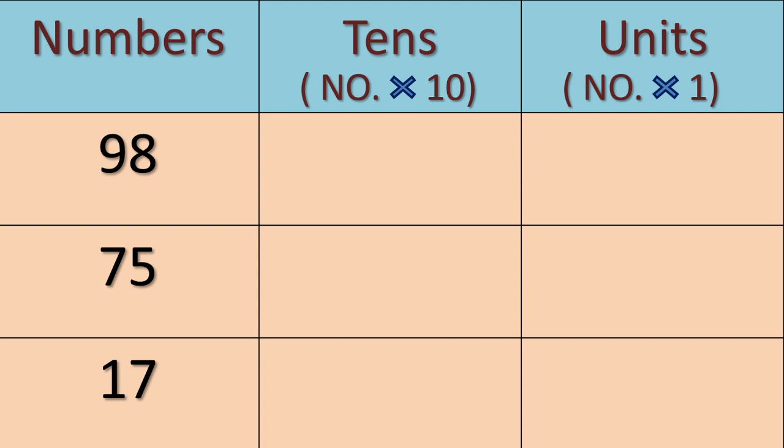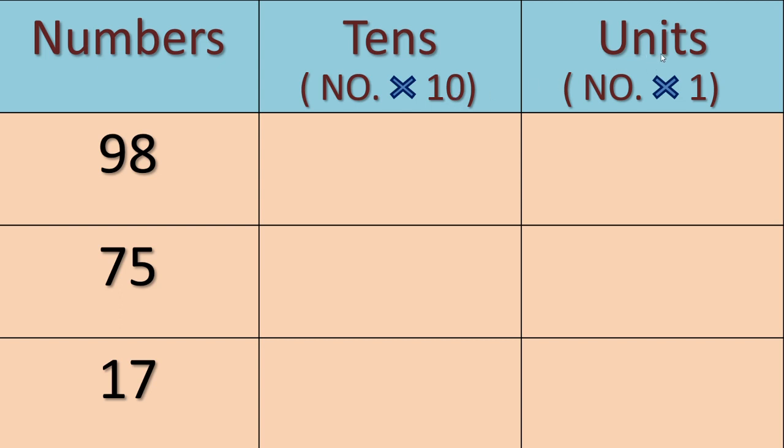Yes, dear children, here one table you can see. In the first column it is numbers. They are given 98, 75 and 70. Correct? Now, second column is tens column. Here it is written number multiplied by 10. Okay?